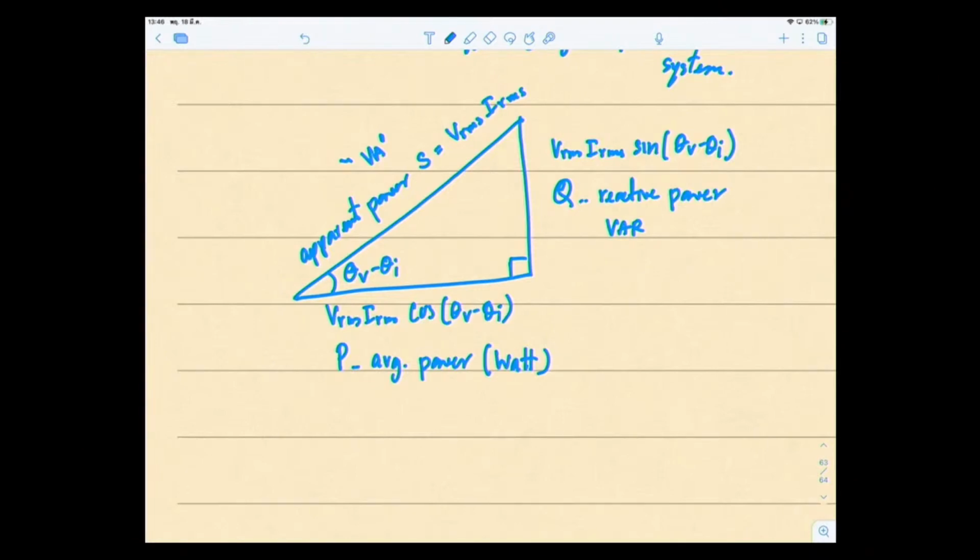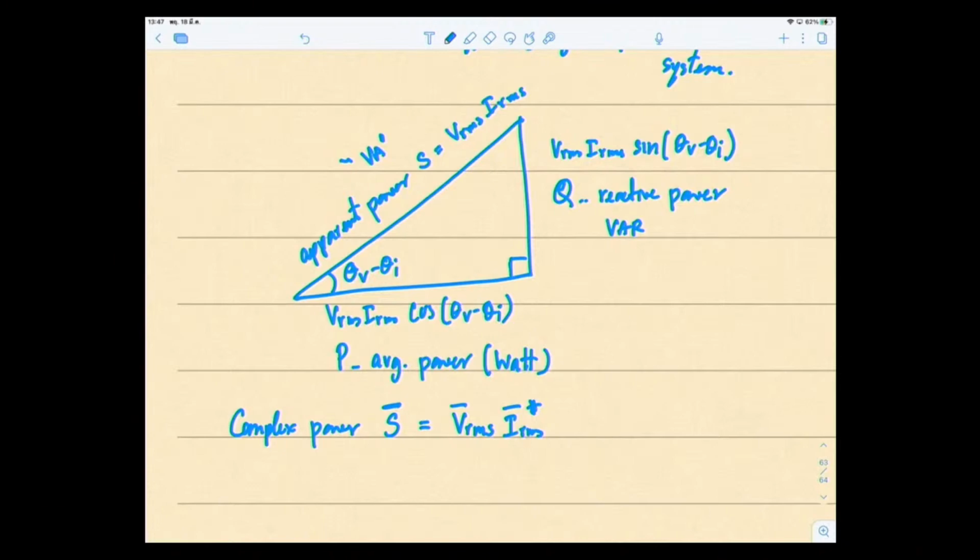For example, the formula for complex power is phasor S, with a vector on top indicating it's a phasor. It's VRMS in phasor form times IRMS in phasor form, conjugate.